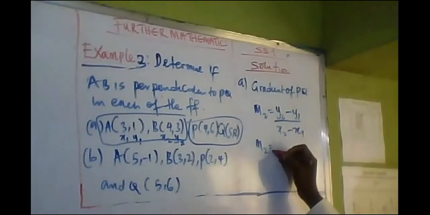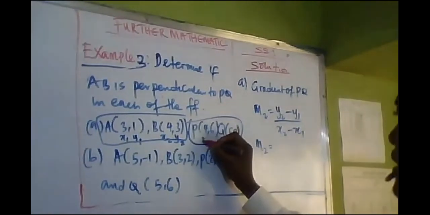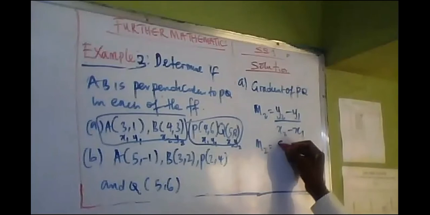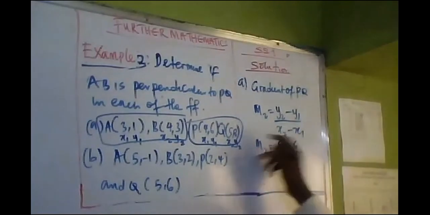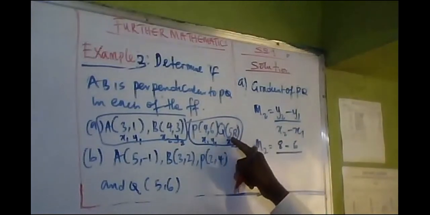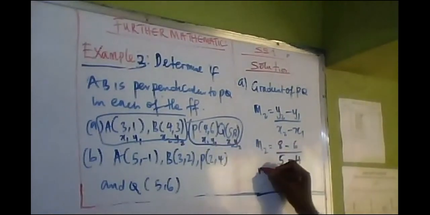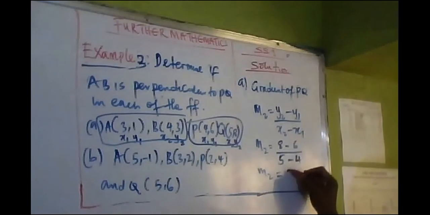So this is x1, y1, x2, y2. y2 is 8 minus 6, that's y1. x2 is 5 minus x1, which is 4. So M2 is equal to 2 over 1. So M2 is equal to 2.